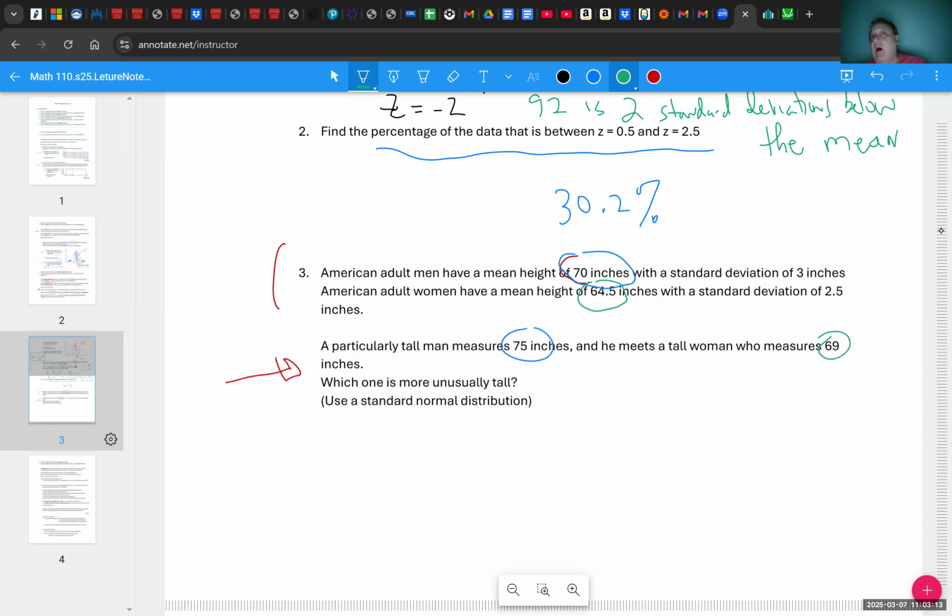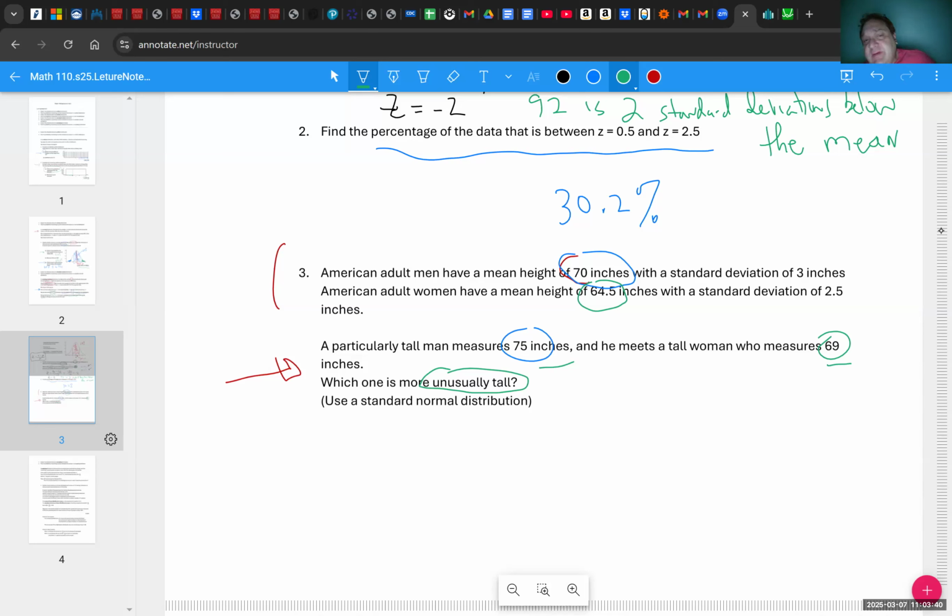So both of them are tall, right? These are two tall people who met each other somehow. Okay. Which one is more unusually tall? They're both tall, but obviously the guy is taller than the woman. 75 is bigger than 69. But we oftentimes want to know not just absolutely who's taller in this case, but relatively who's taller.